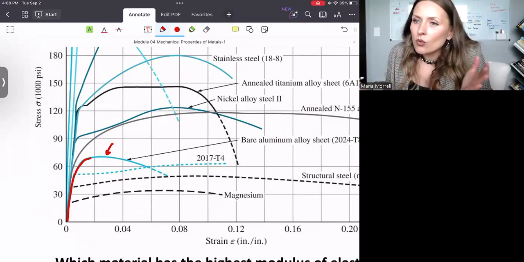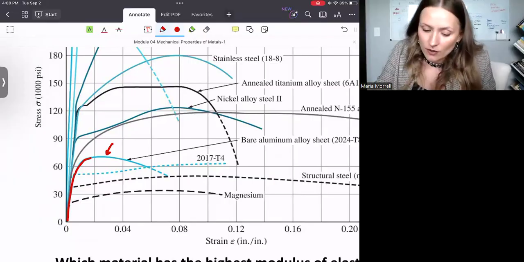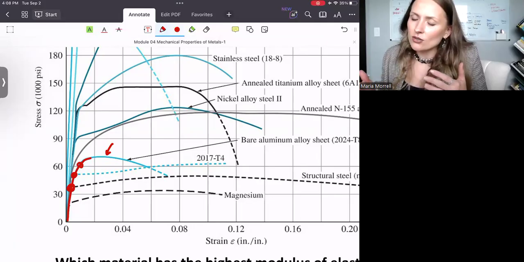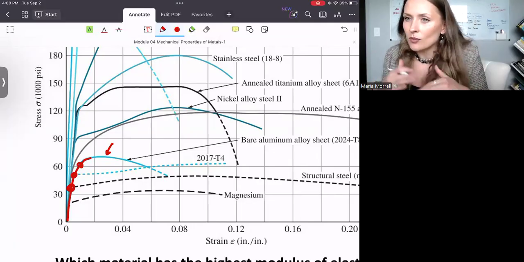So where's the end of the linear region? Is it here? Is it here? Is it here? This is why we don't allow engineers to start guessing or pinpointing randomly. That's why we have a standard.